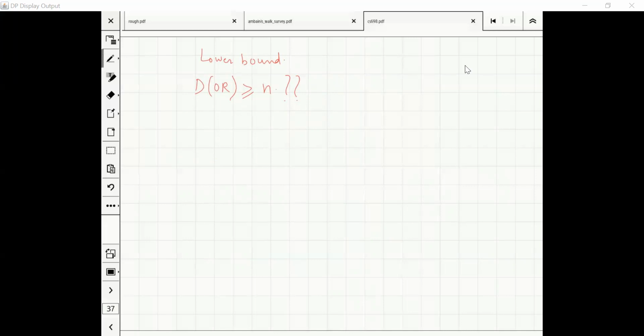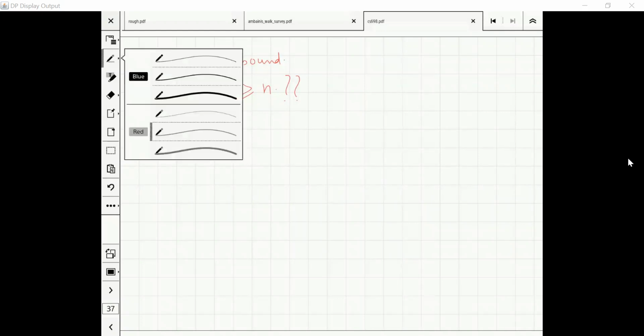We want to show that no matter how you construct a decision tree, let me just write it. What do you want to show?